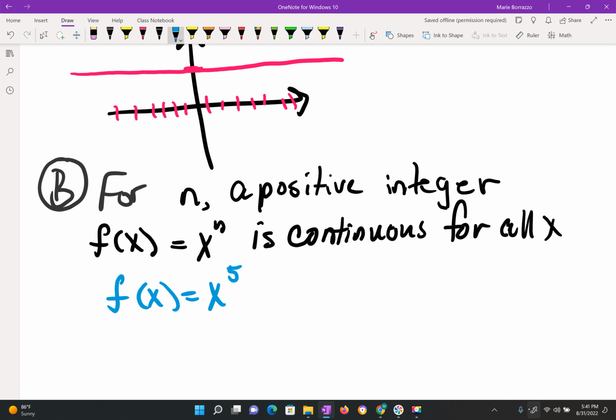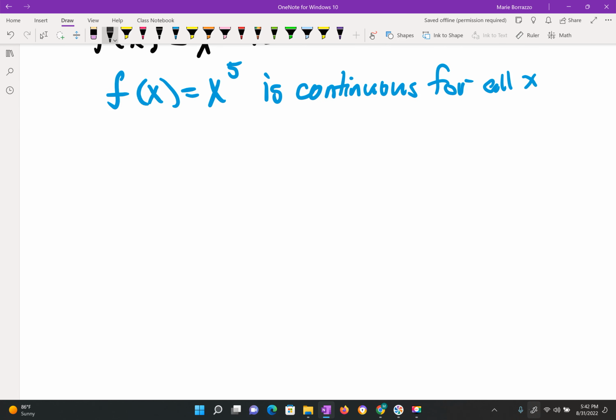There is no interruption because it's odd; you have the positive, the negative, and it is continuous for all x. Right, because I can have, for example, negative 1 to the fifth. I could have positive 1 to the fifth. I still get an answer, right? So, okay. So that's part B.